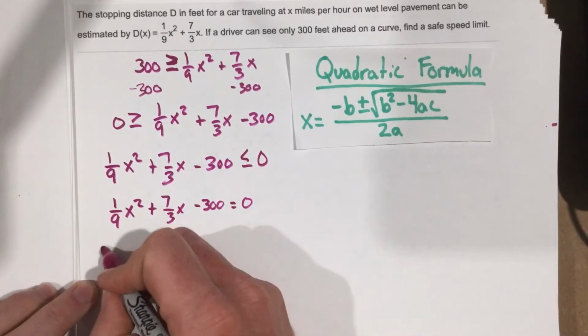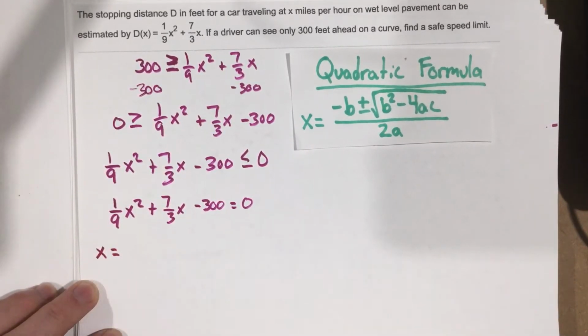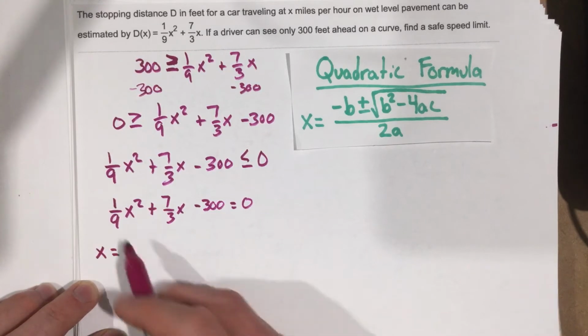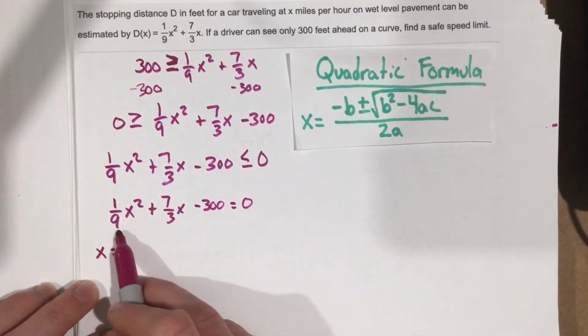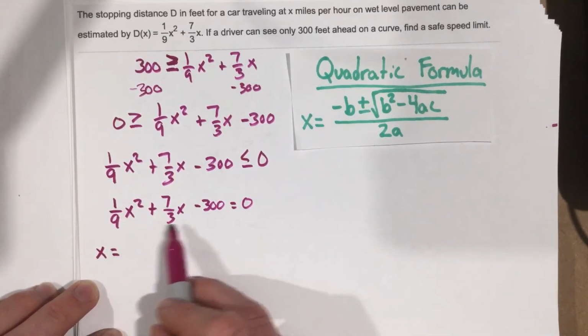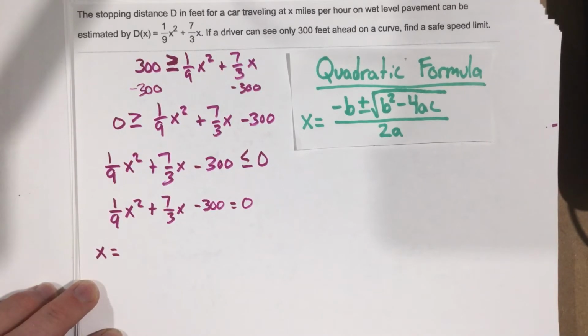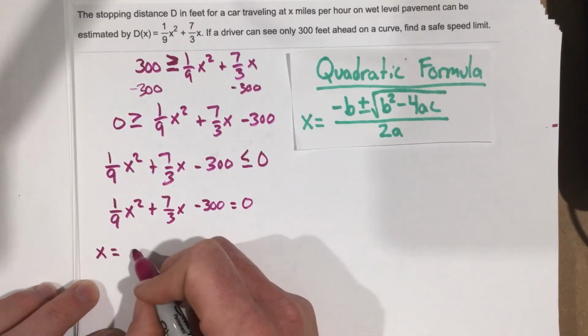So we're going to get x equals, and if you wanted to make the quadratic formula easier, we could multiply by a common denominator here and get rid of the 9 and the 3. But I think let's try this out with the fractions.